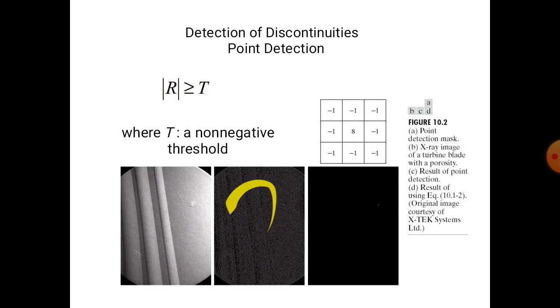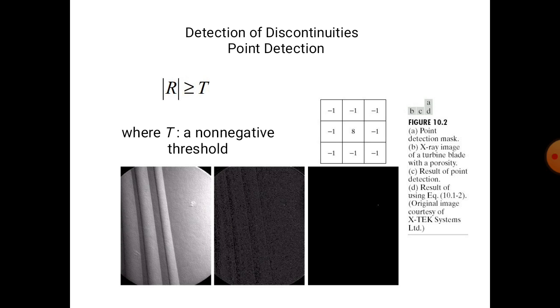This figure is the result of applying the point detector mask to the X-ray image, and this figure shows the result of using this equation with T equal to 90% of the highest absolute pixel value of the image in figure C. The single pixel is clearly visible in this image.